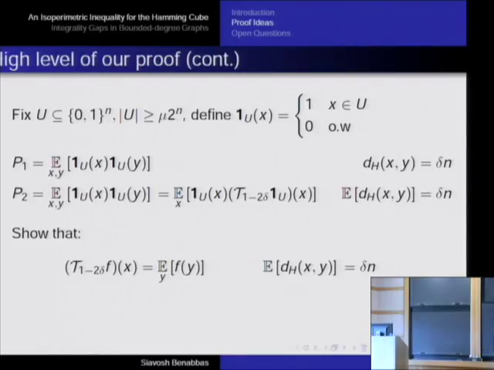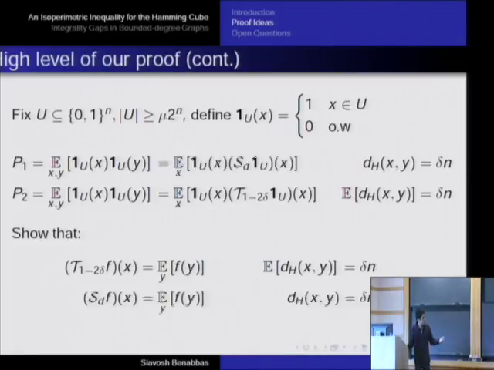So the same kind of distribution is the distribution you take this expectation over. So once you have this linear operator, you can write this expectation as the expectation over x of 1_U of x times this operator applied to 1_U at the point x. So what you're interested in is how this linear operator changes your function.